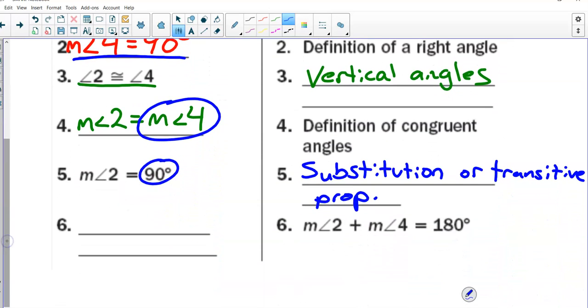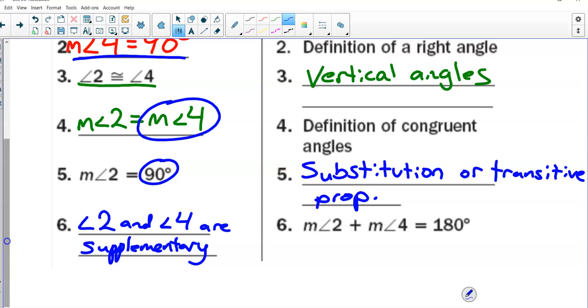So we can just fill that in. And we know that angle 2 and angle 4 are supplementary because angle 2 plus angle 4 equals 180 degrees. And we know when two angles add up to 180 degrees, they are supplementary.